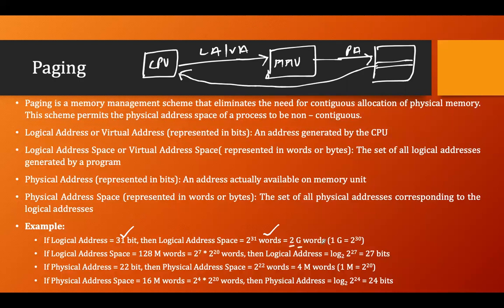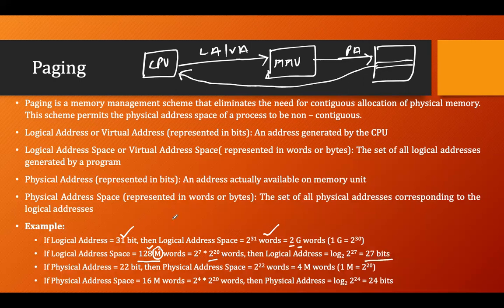Let's say the logical address space is 128 MB words, then it will be 2 to the power of 7 for 128, and MB will be 2 to the power of 20 words. Then the logical address will be log 2 of 2 to the power of 27, meaning 27 bits.